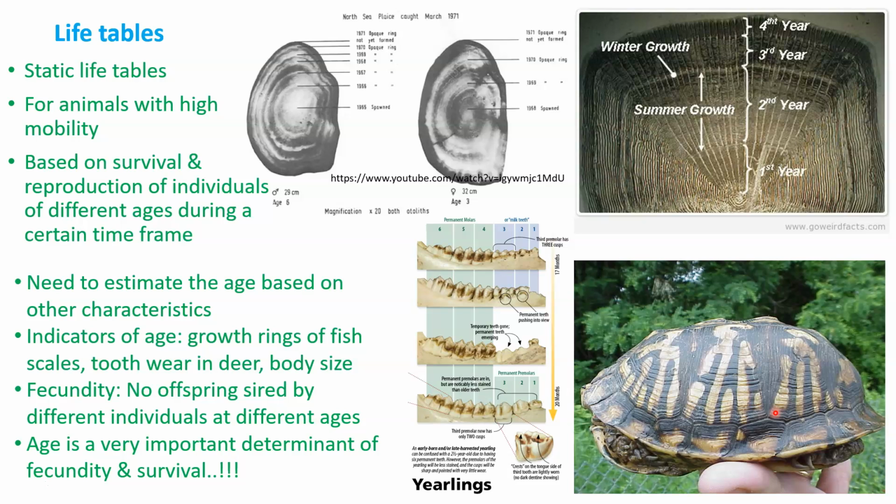You cannot construct a cohort life table for non-sessile animals. That's when static life tables come in handy, and it's kind of fun to do static life tables. Those are constructed based on survivorship and reproduction of individuals of different ages during a particular snapshot of time.